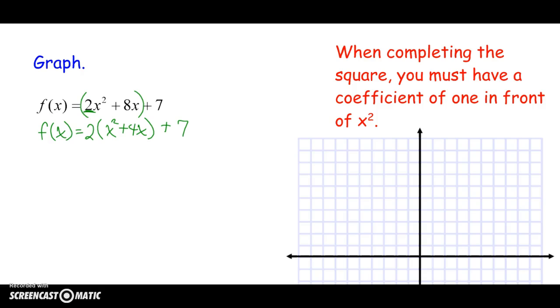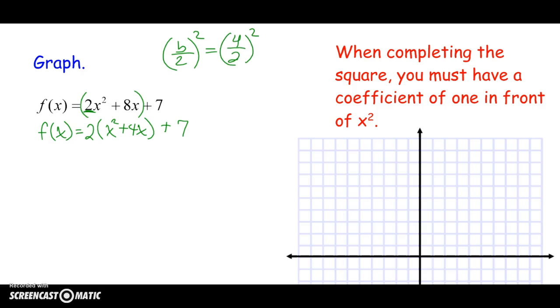Okay, now what I focus on is the x squared plus bx, and that's where I'm looking for my b value, which in this case is 4. So keeping in mind b over 2 squared and x squared plus bx, the 4 is going to be our value for b.